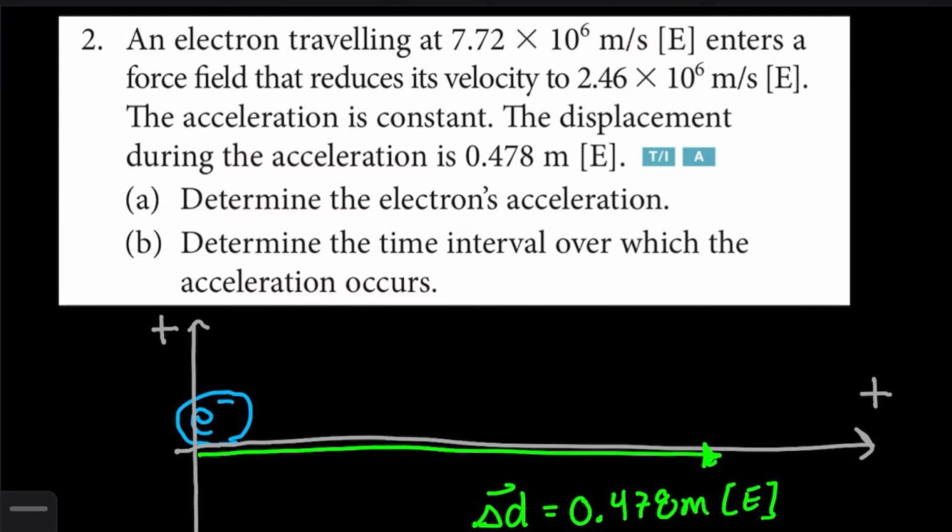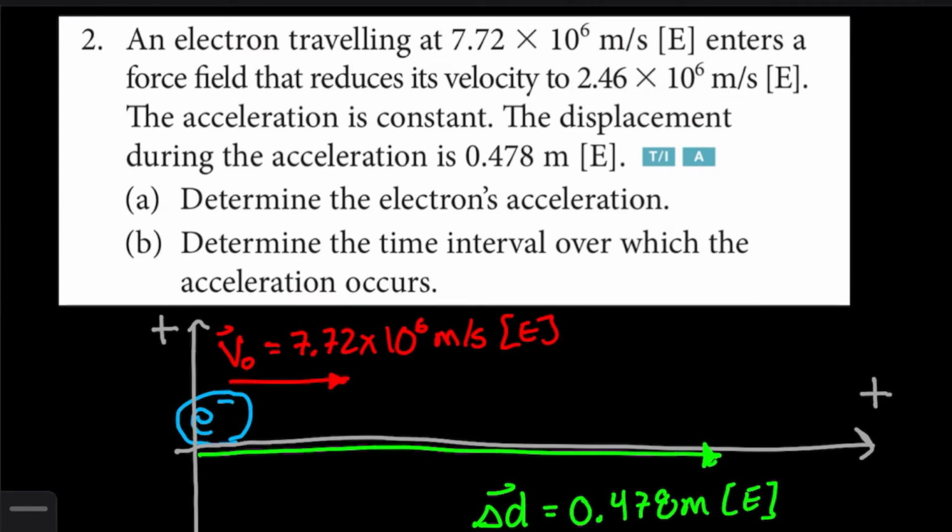east. Then we want to look at velocity vectors. And this electron's already traveling with some initial speed. So here we could label this V initial as 7.72 times 10 to the power 6 meters per second east. So in other words, we're going to draw the vector pointing to the right.